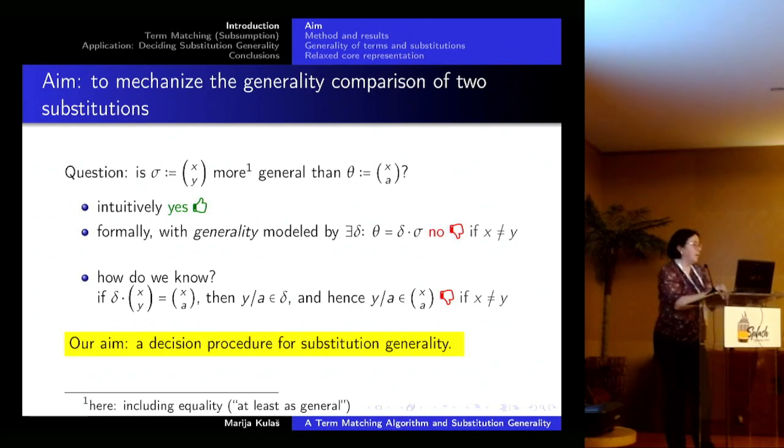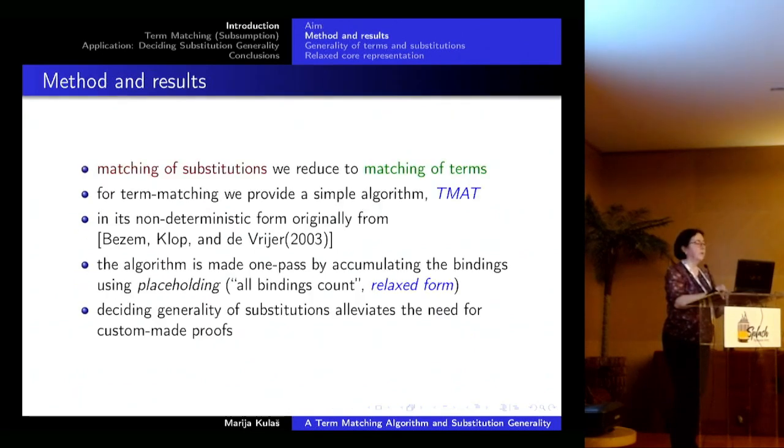And well, however nice such custom-made proofs may be, I was wanting mechanization of this, so a decision procedure. And observe, we are speaking of more general or equally general, right? Because at least the general would be a mouthful. So method and results: matching of substitutions, we reduce to matching of terms, which is easier.